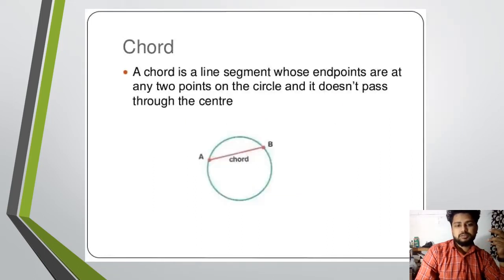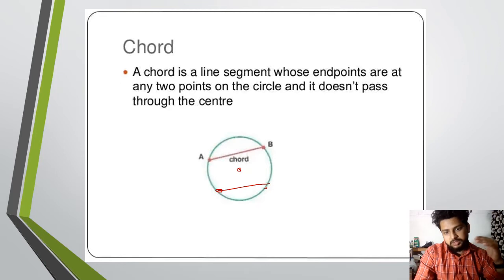A chord is the line segment whose endpoints are at any two points of the circle and it doesn't pass through the center. As I said, any line which doesn't pass through the center and joins two points of the circumference is known as a chord. Here is one point, here is one point. When we join these two points, this is also known as a chord of the circle.